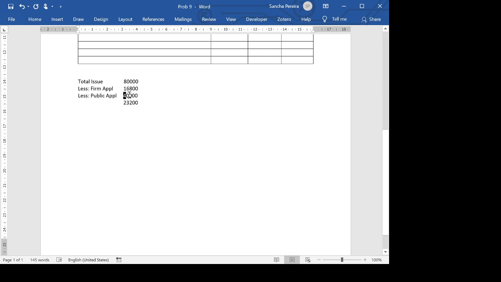I think 23,200 shares are the ones that are not being taken up by anybody. Just check that again. 80,000 minus 16,800 minus 40,000 comes to 23,200. So we need to see how this 23,200 is going to be divided.